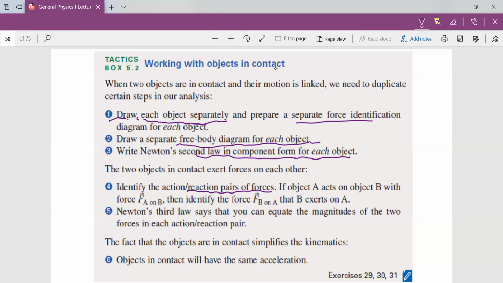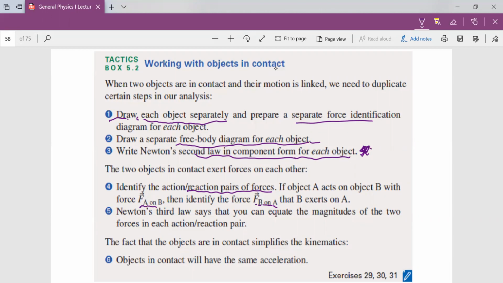Okay, so if object A acts on object B with the force that we tag F_A on B, then we identify the reaction pair of that force A on B, which will be force B on A. So we have to look at the description of the problem given to us, bring out the action-reaction pair of interest, then proceed to applying the component force equation to arrive at the solution we hope to look into.